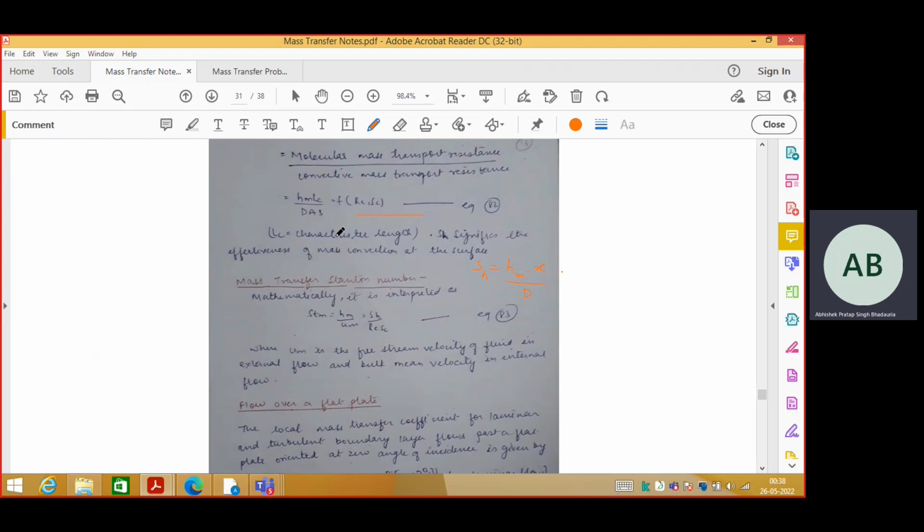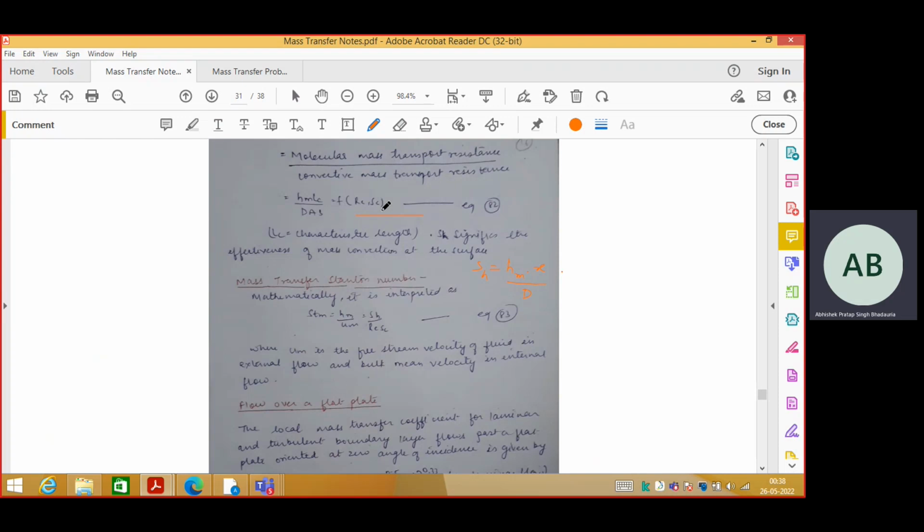The Sherwood number is generally denoted by Sh, and this expression h_m x divided by D is a function of the Reynolds number and the Schmidt number. We can say it is based on the analogy with heat transfer.